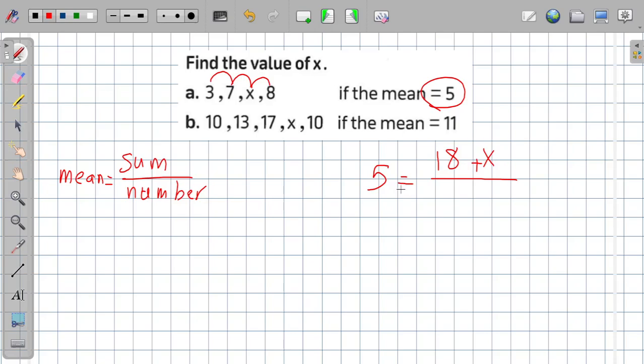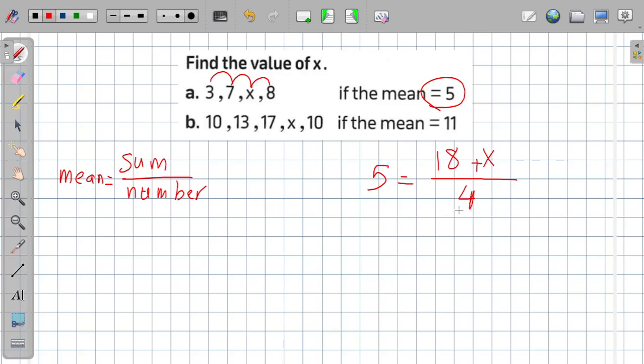Okay, and I would divide this expression over 4 because the number of values here is 4. So 18 plus x divided by 4 equals 5.